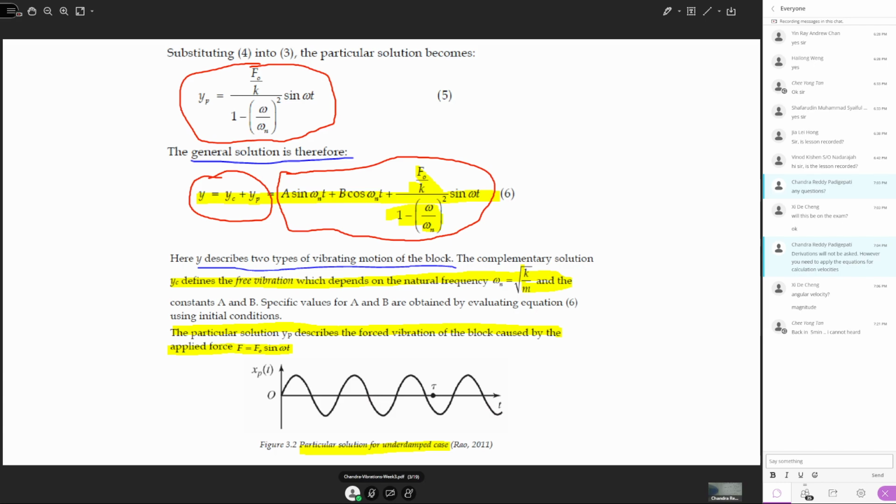So now we can see the two solutions. The complementary solution YC defines the free vibration when there is no external force.